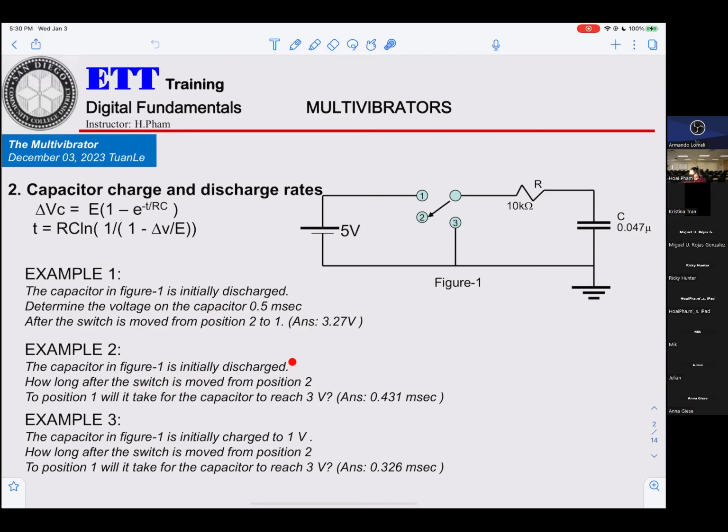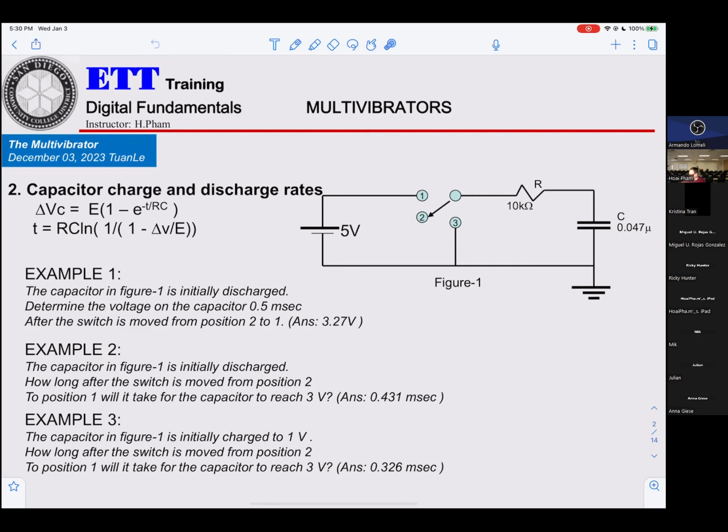And the second one: the capacitor in figure number 1 is initially discharged. They're telling you that at the beginning the voltage on the capacitor will be 0. How long after the switch is moved from position 2 to position 1 will it take for the capacitor to reach 3 volts? That means from this formula here, t equals R times C times log of 1 over (1 minus delta V over E).